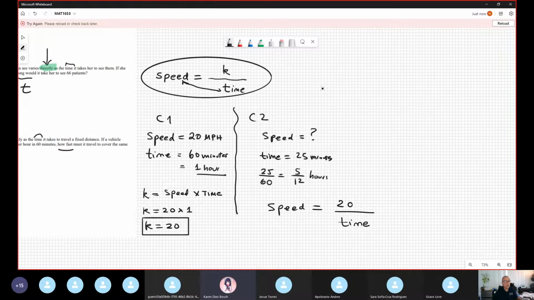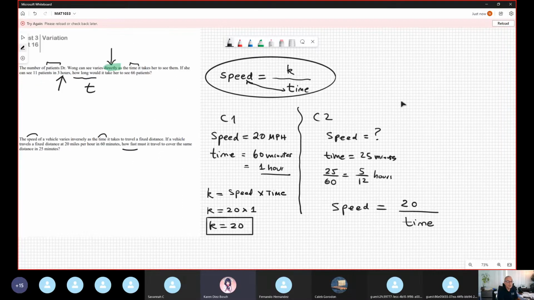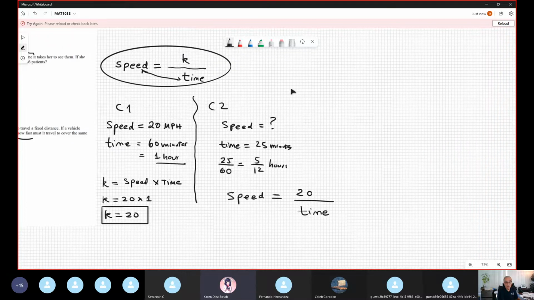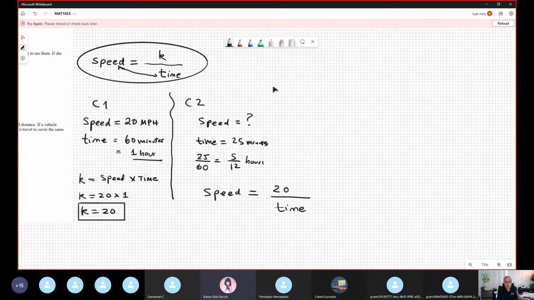Okay, and they want to know how fast the speed is to cover the same distance in 25 minutes. Okay, 25 minutes.